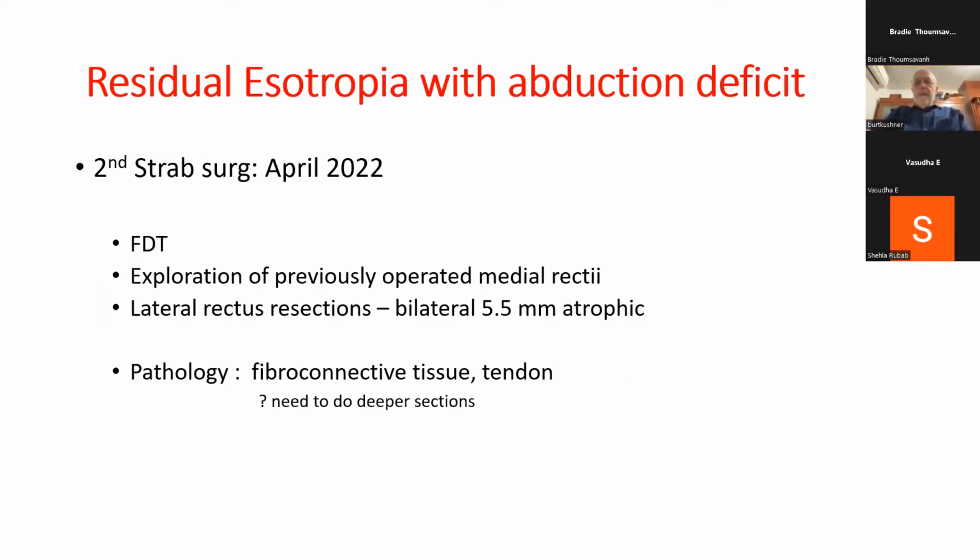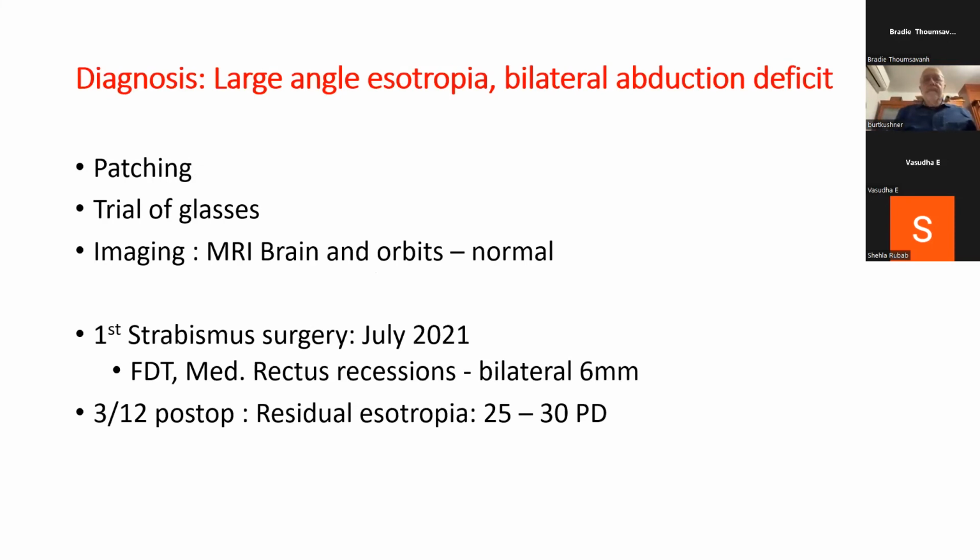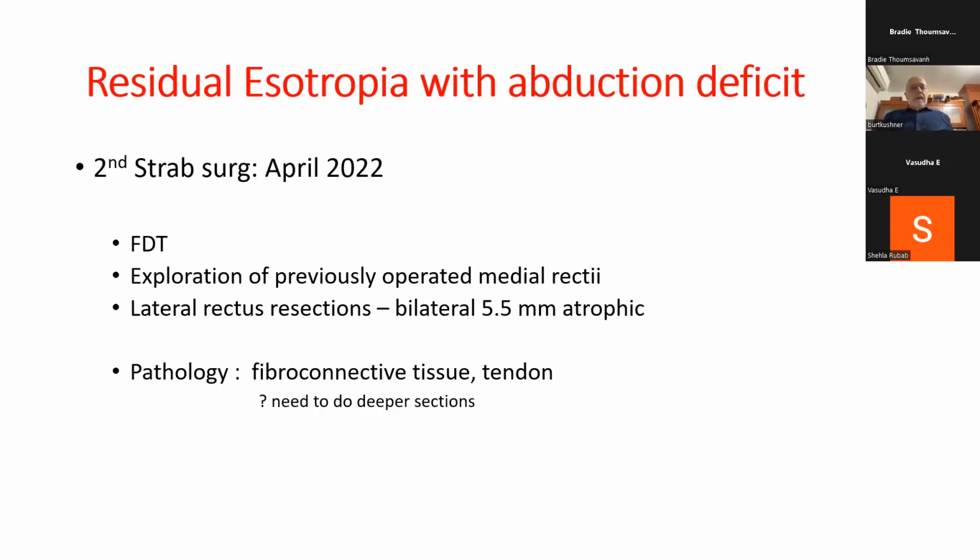So I waited a few months. We kept doing the patching and working on the glasses, but the esotropia remained, and then I was able to get her in for a second OR date.